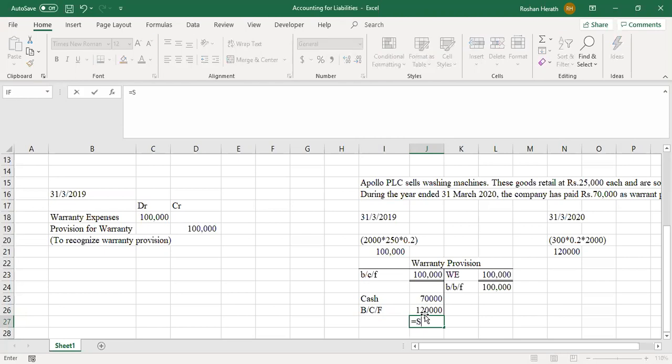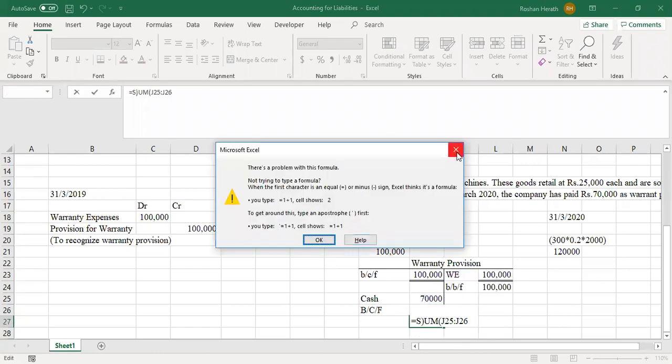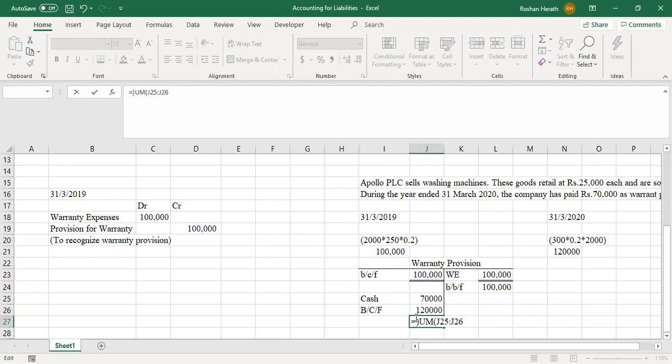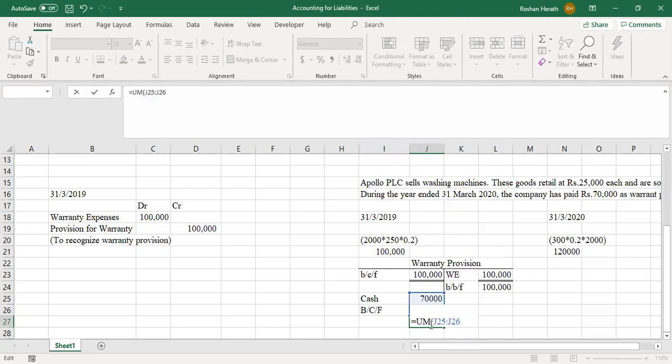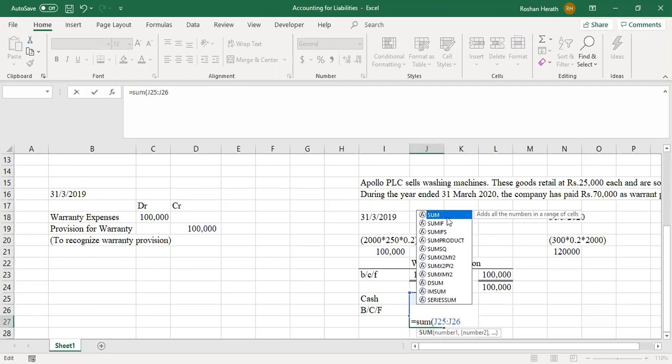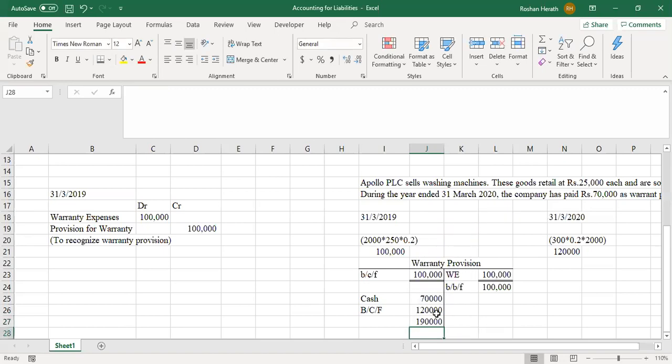So consequently, for the year ended 31st March 2020, 190,000 on the debit, credit side 190,000. Only the movement in the account is what you recognize as the expense.